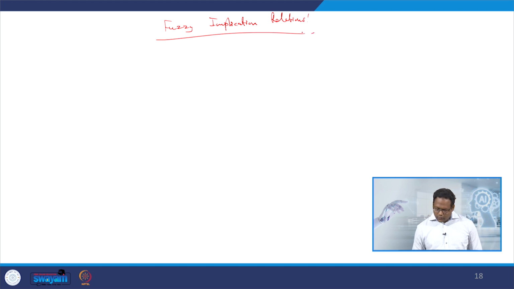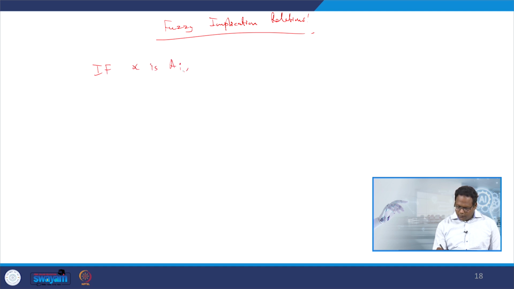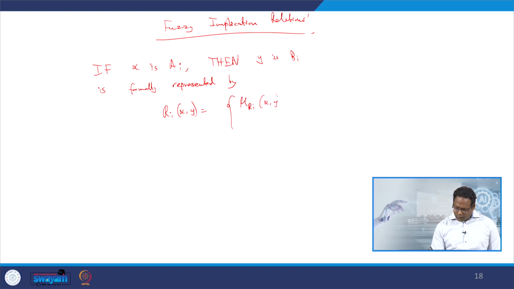So, a fuzzy implication relation for a given rule, if x is Ai, then y is Bi, is formally represented by Ri of x comma y equal to mu Ri of x comma y upon x comma y.